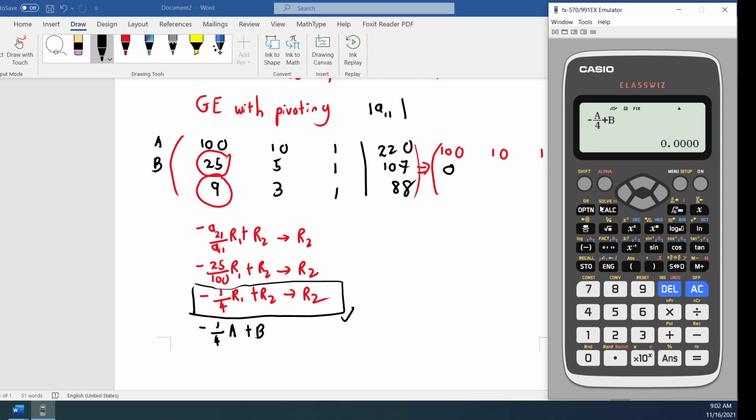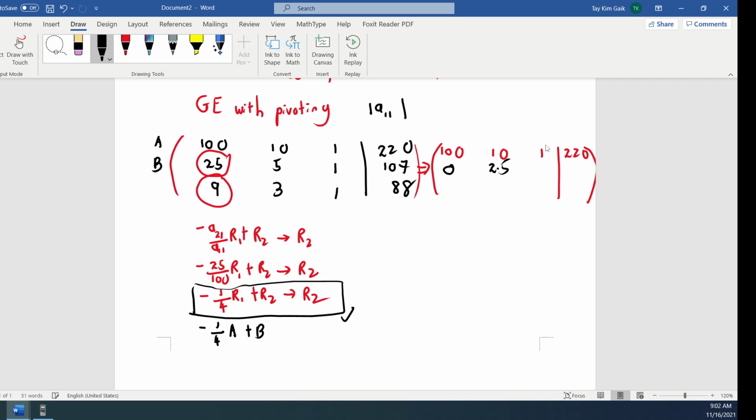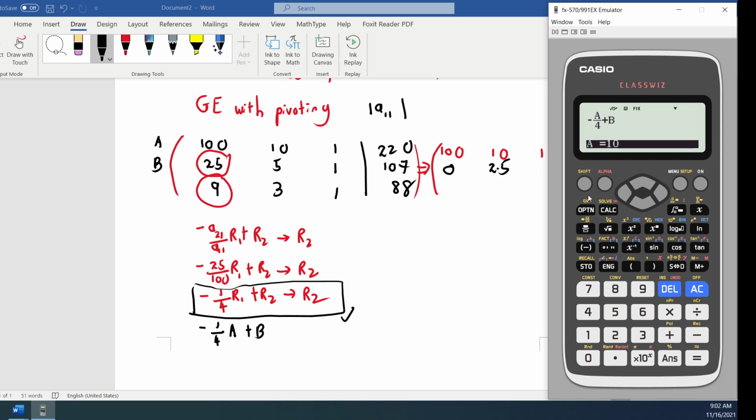Okay, calculate again. Now second column, A is 10, B is 5. So you get 2.5. Okay, calculate again. Third column, A is 1, B is 1.